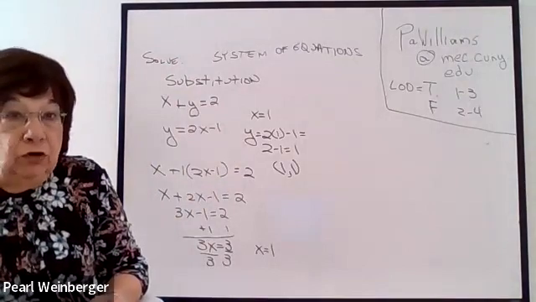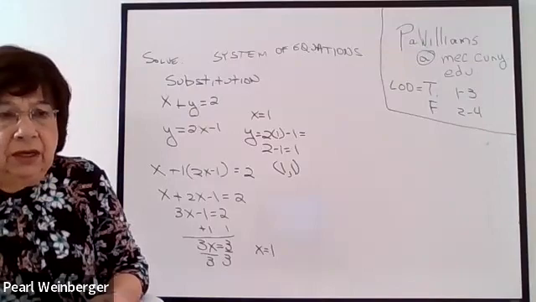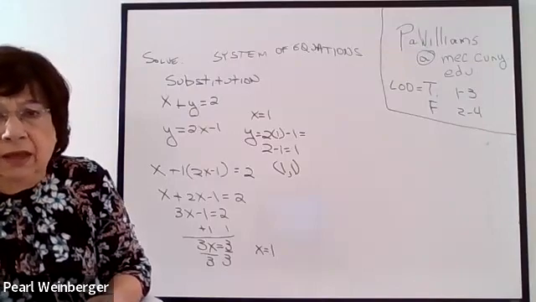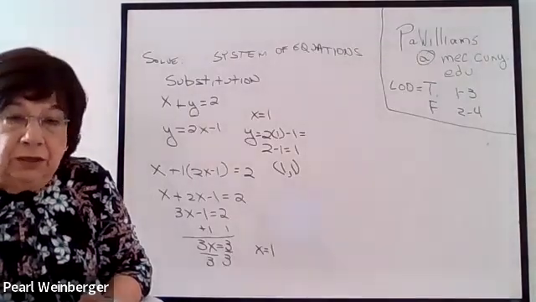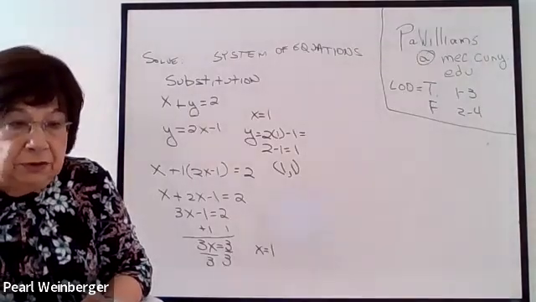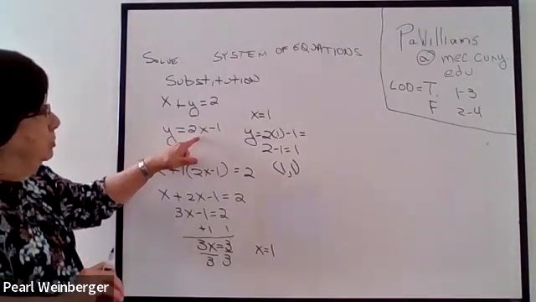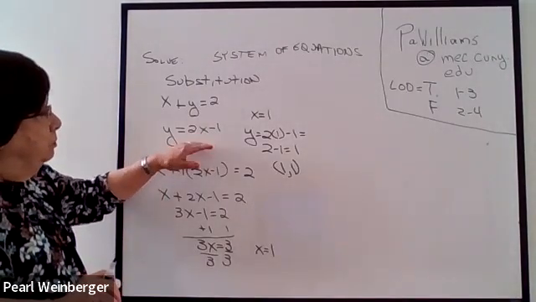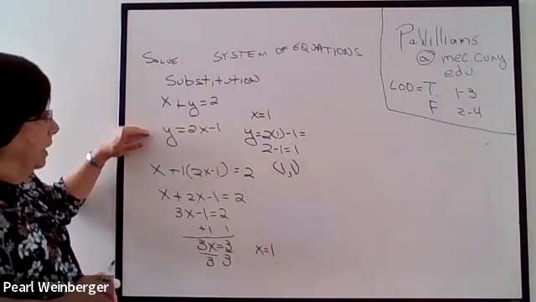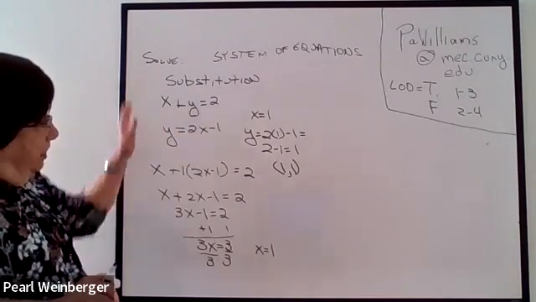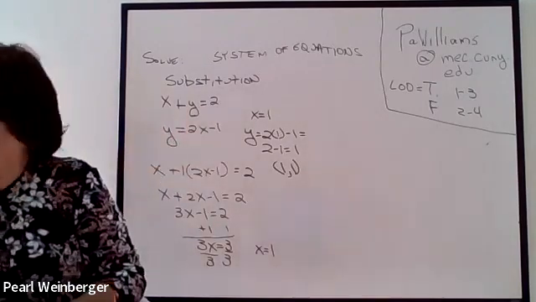But if you have one of your equations in the y equals or x equals format, then maybe it makes more sense to use substitution. But again, you could have even done this using elimination, by moving things around so that you get it in the x, y equals format, and then you could get rid of it.